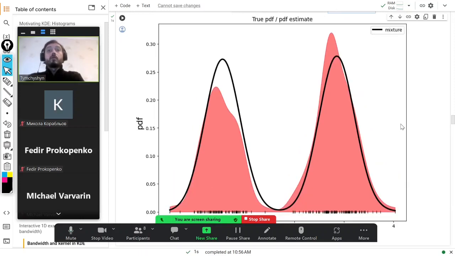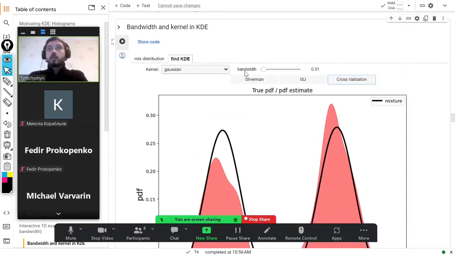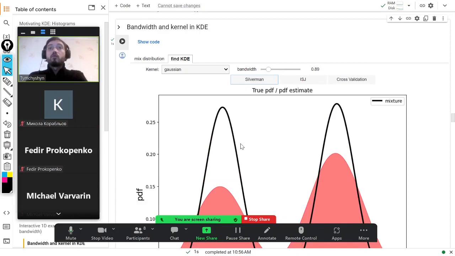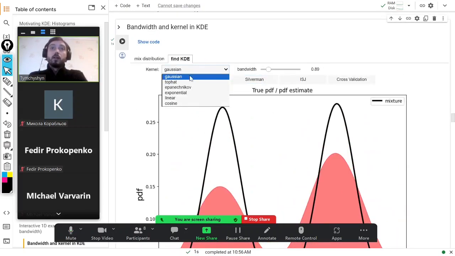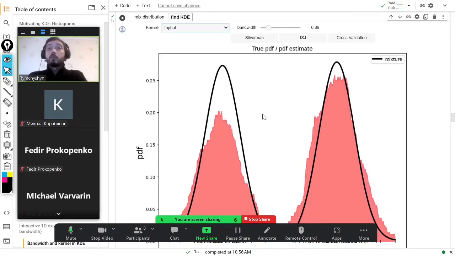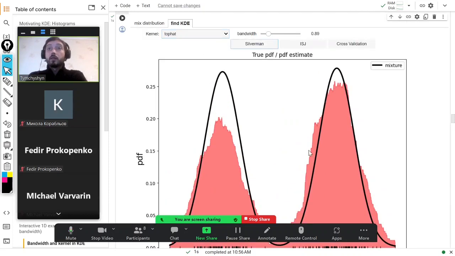So hopefully now you see that changing the bandwidth of the kernel drastically changes the overall result. You have very different curves depending on what bandwidth you choose. And of course, you see that these rules are more or less working. Of course, you can change your kernel. For example, if I use a top hat kernel, I will get something like this.